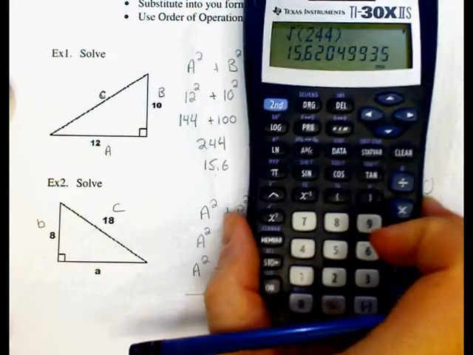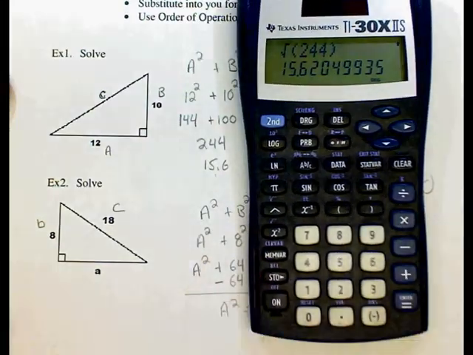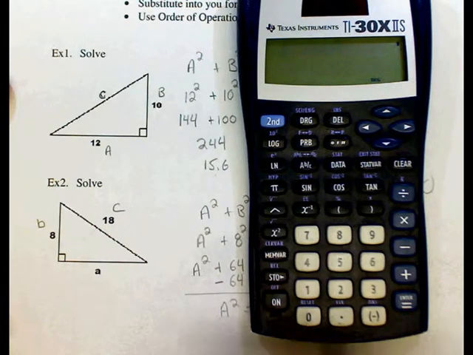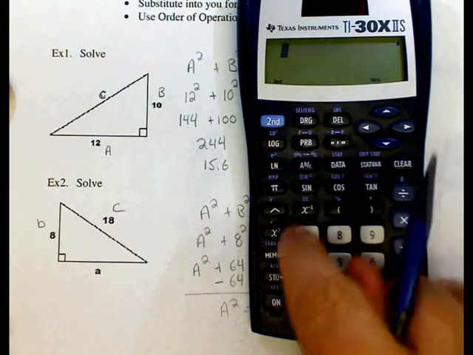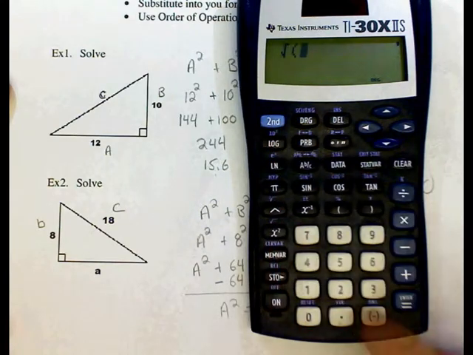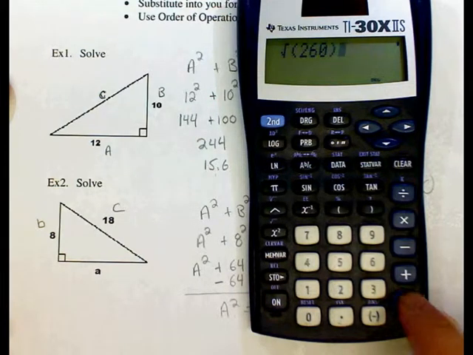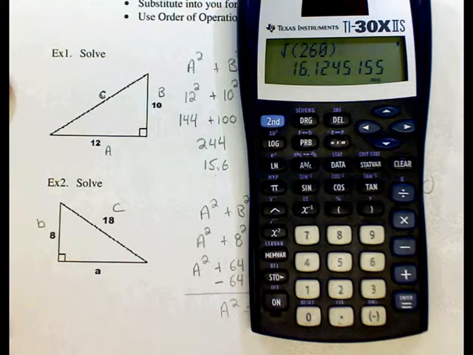So I'll bring my calculator back on the screen, clear it because I don't want anything interfering with my calculation. I want the square root, so again, second function, square root of 260, close my bracket, equals 16.12.